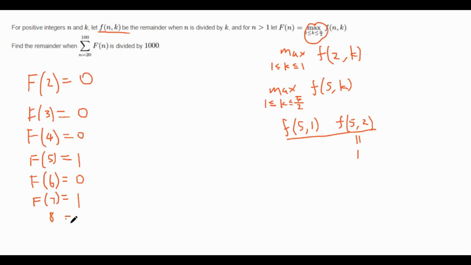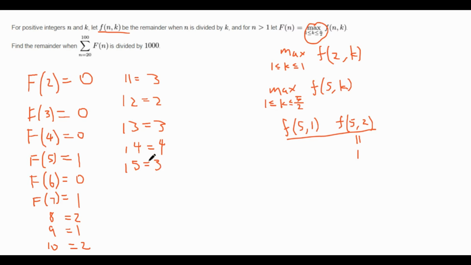F(8), 2. F(9), 1. F(10), 2. F(11), 3. F(12), 2. F(13), 3. F(14), 4. F(15), 3.